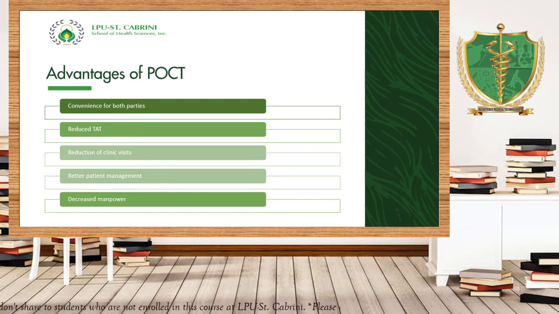They can already conclude or arrive at the diagnosis of the patient based on the result of the test performed using the point of care testing. Take note of this, guys. In chemistry, the sample of choice for point of care testing is capillary blood. Please take note, the sample of choice in point of care testing in chemistry is the capillary blood.